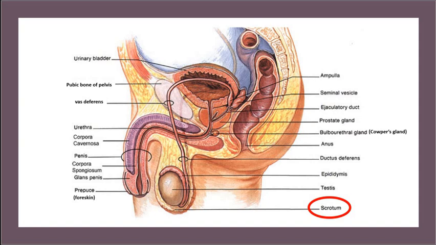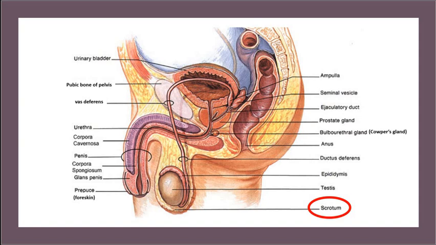And the function of the scrotum is to regulate the temperature of the testis because there is a very specific temperature at which sperm are best produced. And the body naturally raises and lowers the testes in order to make them at that temperature. So the scrotum actually raises and lowers.